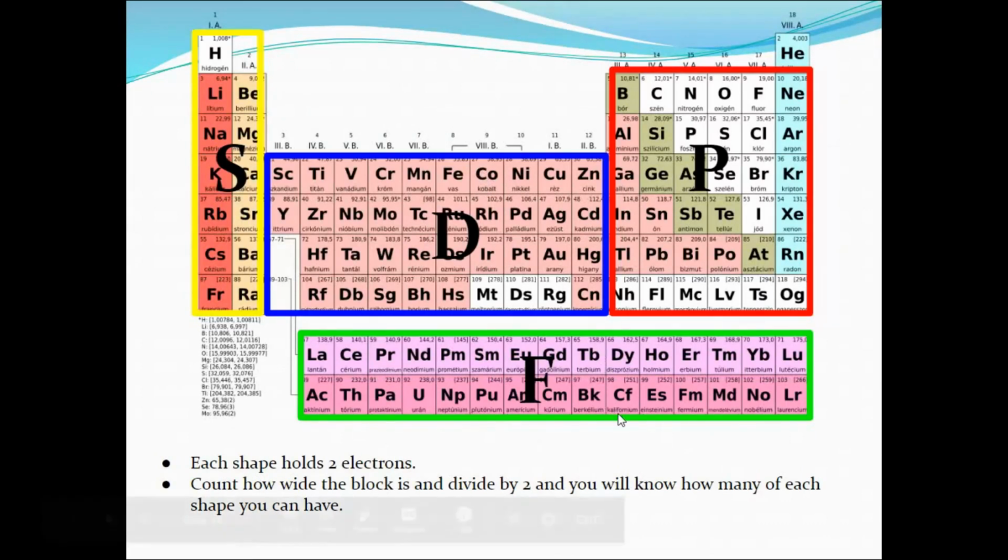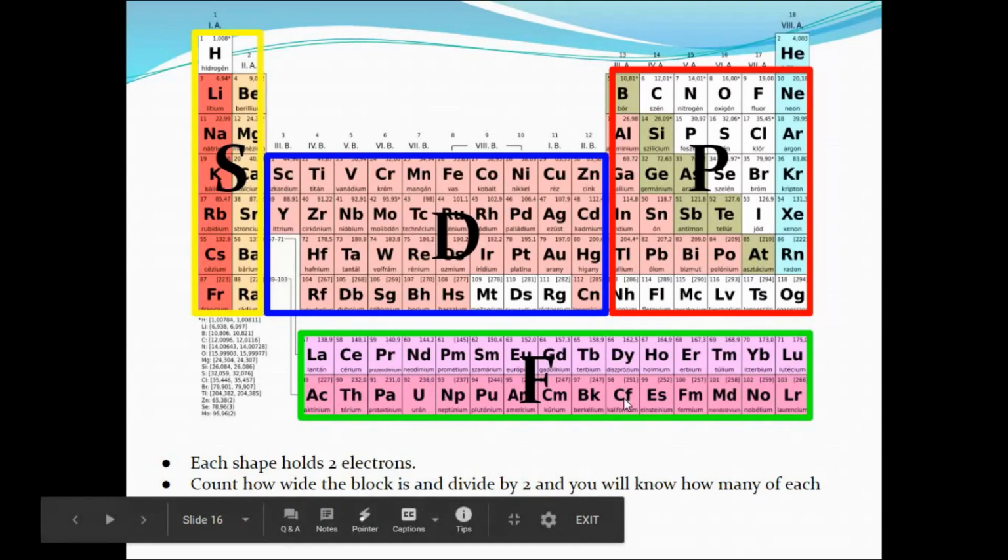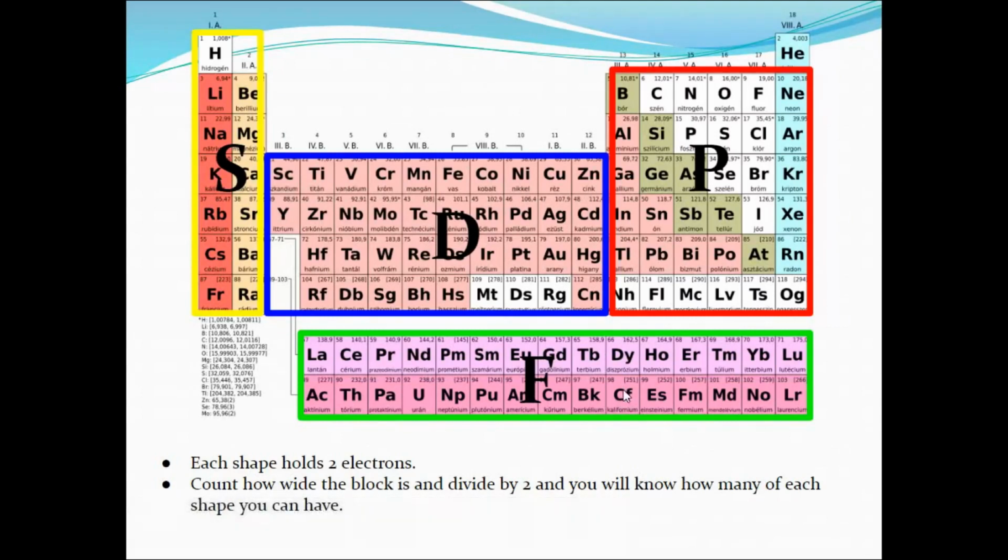Or maybe I look at californium. The last electron I would place for californium would be in an F-shaped orbital. So keep this in mind. You may want to highlight your periodic table or draw boxes so you know these blocks, because that's going to be important down the road.